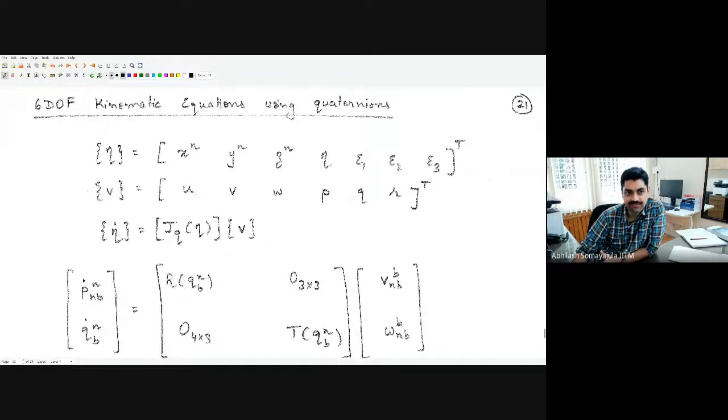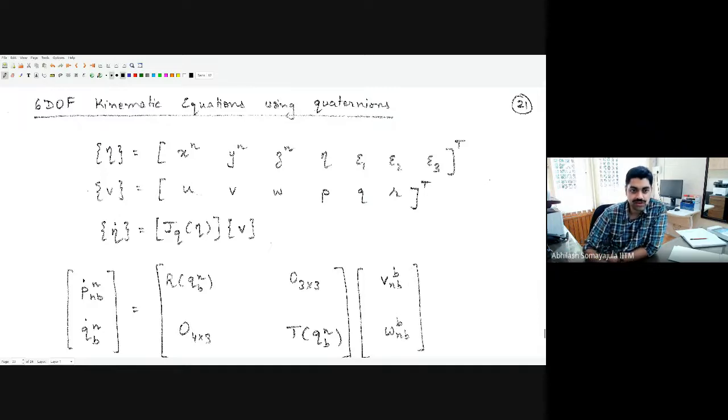Now that we have defined the quaternions and how the rates of change of the quaternion relate back to the angular velocity of the body, and how the translational velocity can be expressed in the NED frame with respect to a rotation matrix which is now parameterized by the quaternion, we are in a position to describe the 6 degrees of freedom kinematic equations where we are using quaternions instead of the Euler angles.